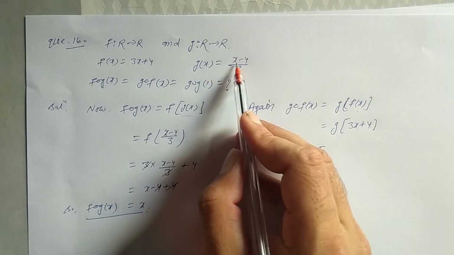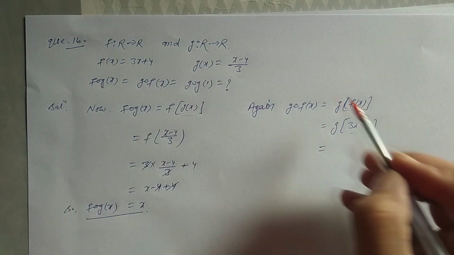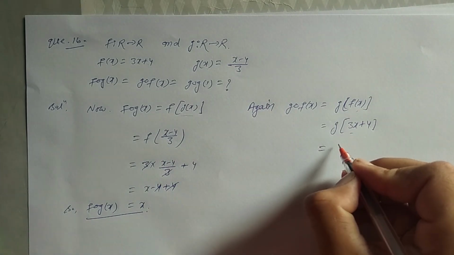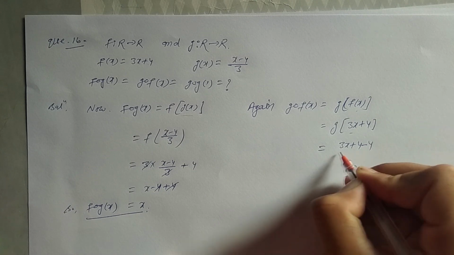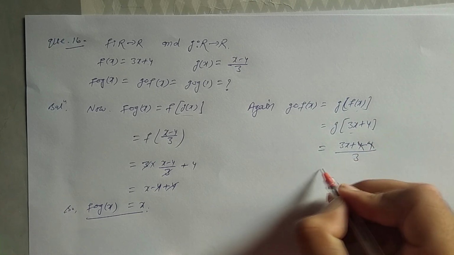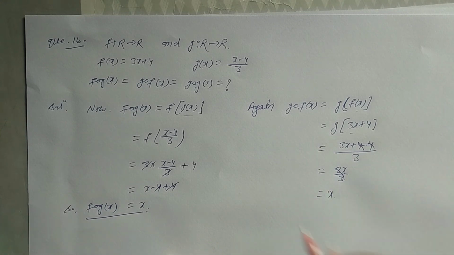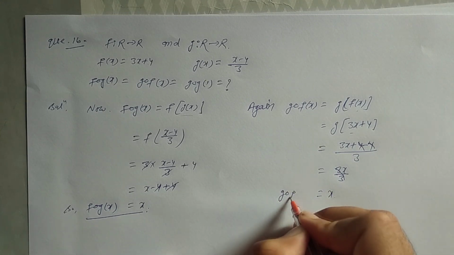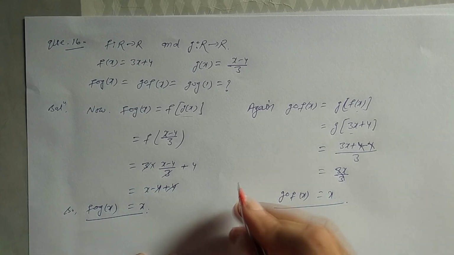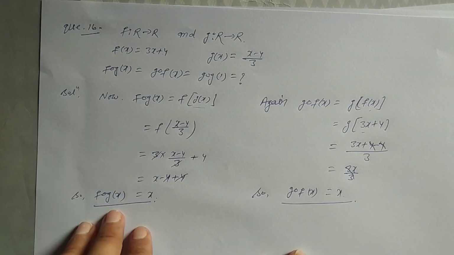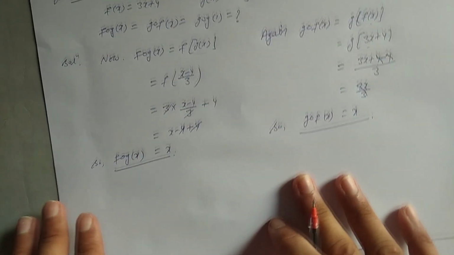And g(x) equal to (x minus 4) by 3, x is equal to 3x plus 4, putting the value of function g(x): (3x plus 4 minus 4) by 3. The 4 cancels out, 3x by 3 cancels out, which is equal to x. gof of x is the answer. So fog and gof have the same value, x.